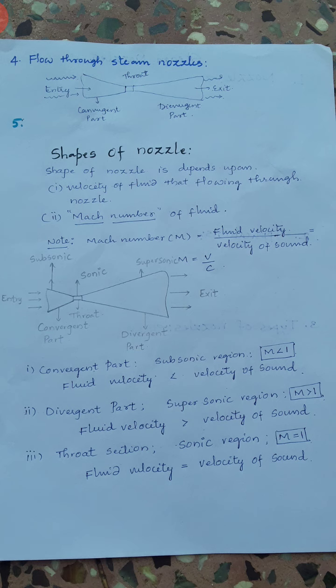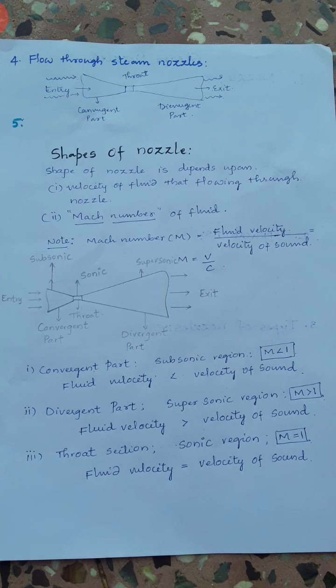As we know, the working fluid, the steam, will pass through the convergent part and through the throat, and then come out to the divergent part. High pressure steam enters the convergent part and gets expanded, where its velocity will be low in the convergent part.